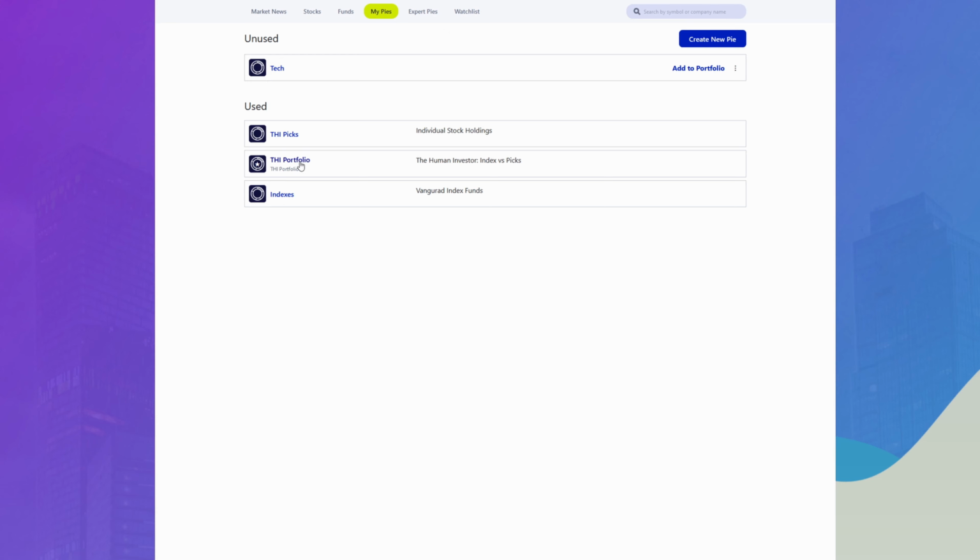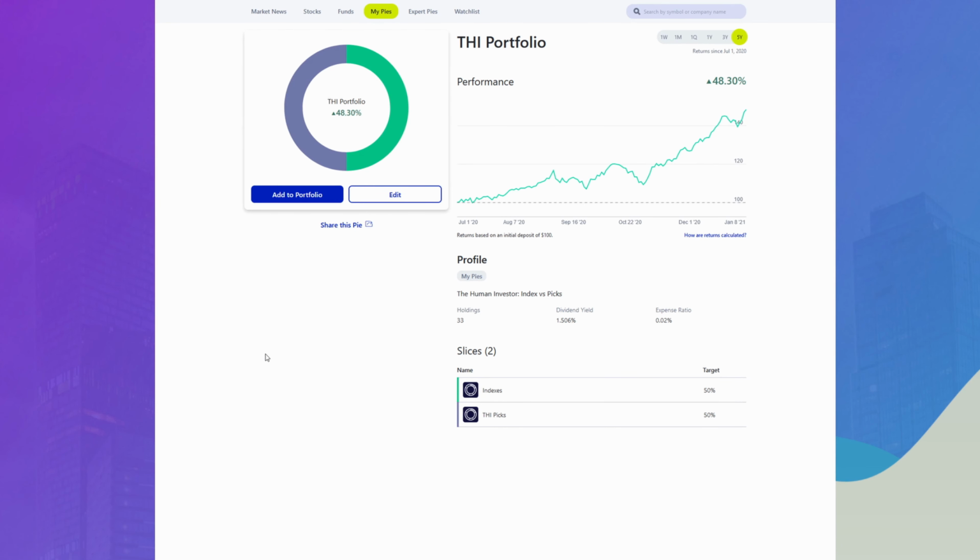If we open the portfolio, we can see there's 2 slices to this pie or portfolio. I will keep going back and forth and using those terms interchangeably in the future, because that's the verbiage M1 Finance has chosen to use.